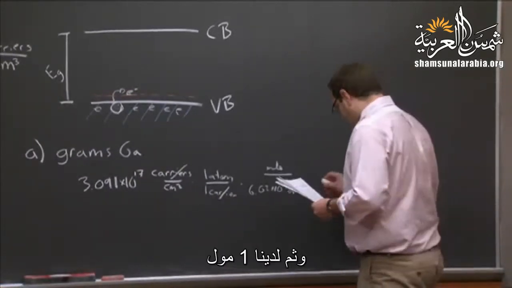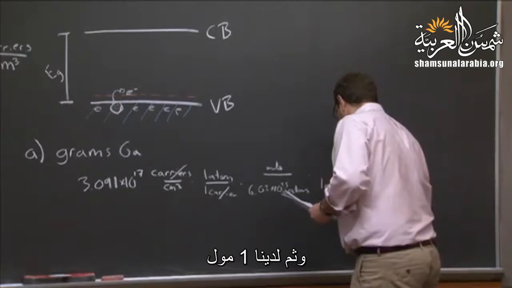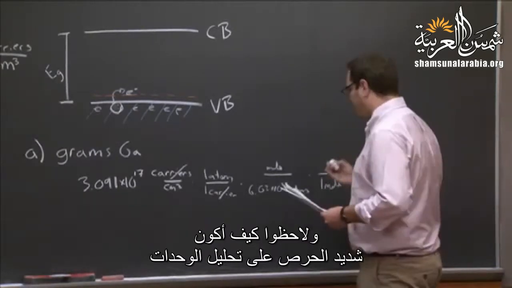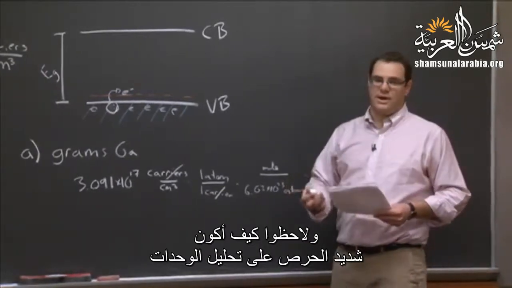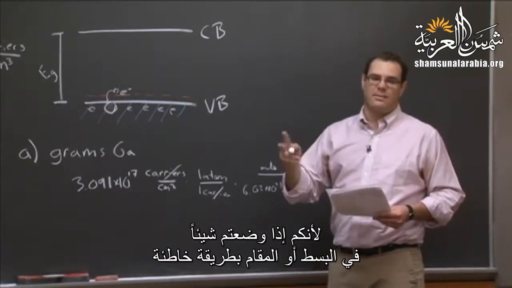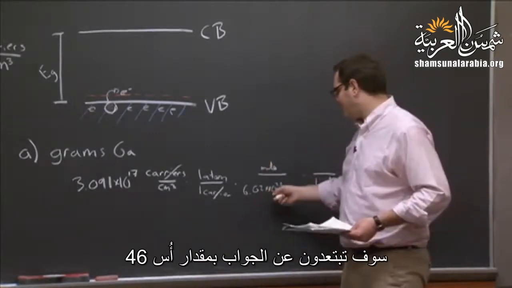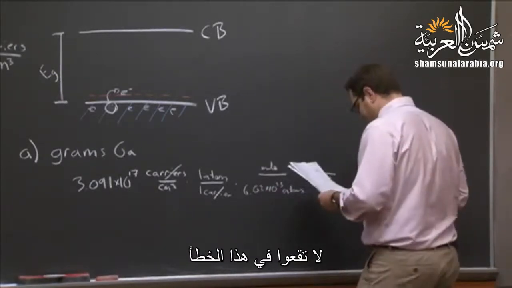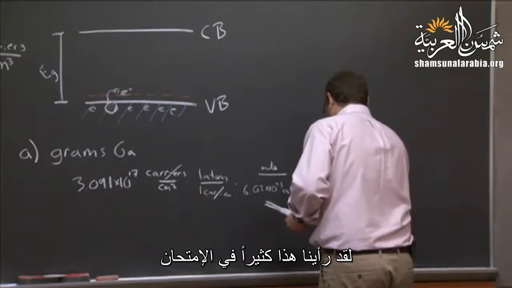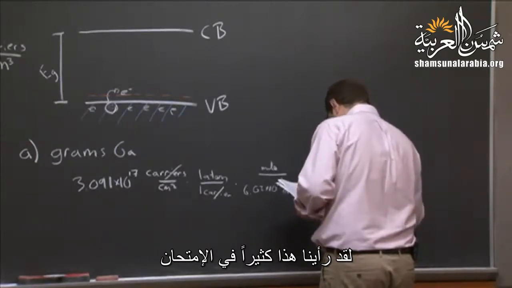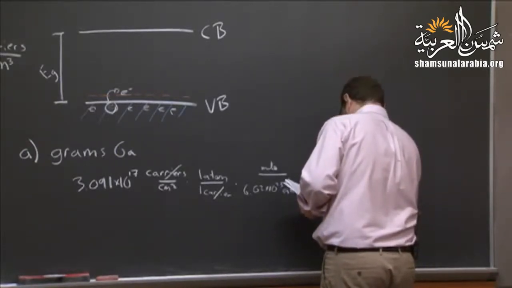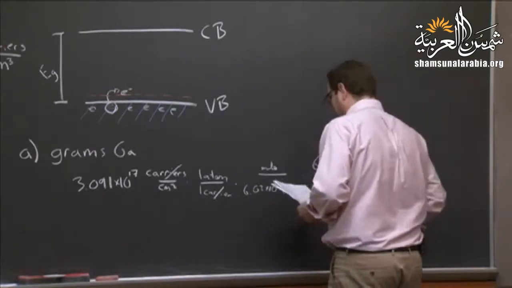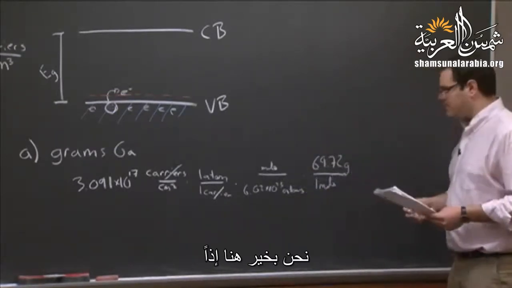And then we have 1 mole. Notice how I'm being very careful about the dimensional analysis here, because if you put something on the wrong top or bottom, you're off by 46 powers. So don't make that mistake. We saw that a lot on the exam. Okay, so we're good here.